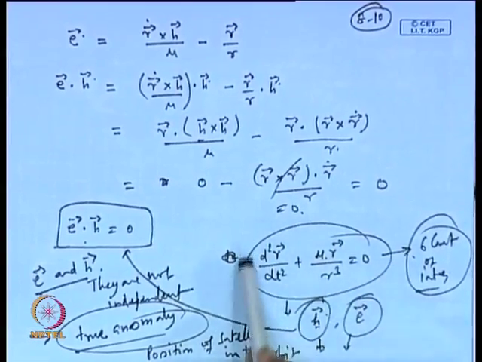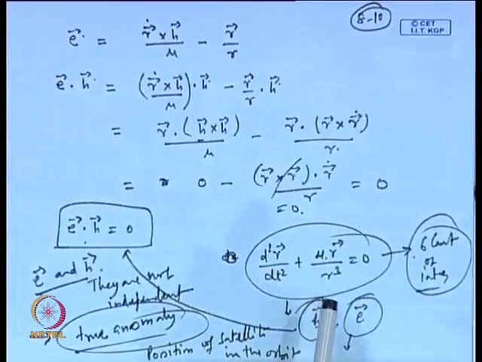But if we are working with the relative motion of one body with respect to the other, then of course we can solve it and describe the motion of the second body about the first body, and the motion is given by this equation, which is a second order ordinary differential equation. So, it will have 6 constants of integration, and those 6 constants of integration are the 6 parameters of the orbit, which are called the orbital parameters.